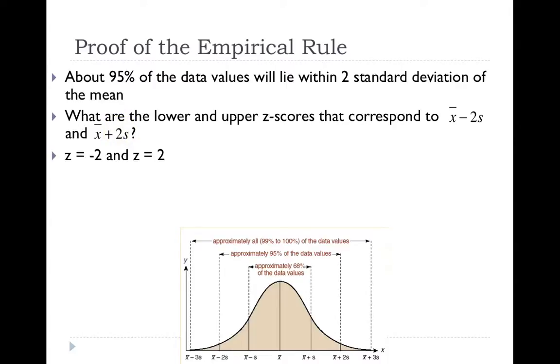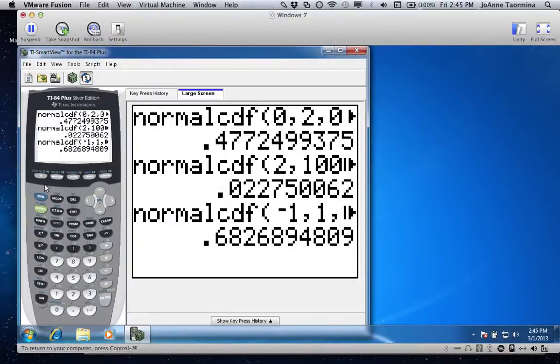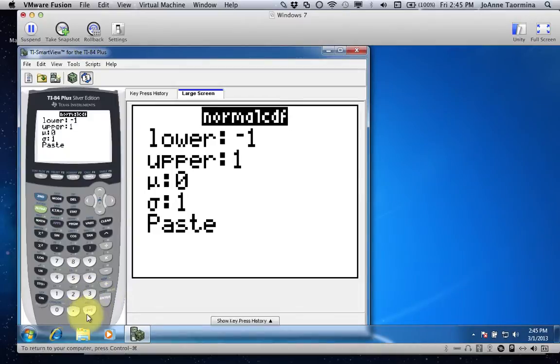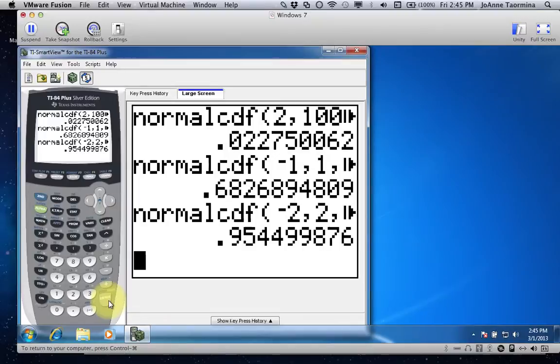You should say z equal -2, right here, and z equal +2. So if we go to our calculator using z equal -2 as the lower limit and z equal +2 as the upper limit, let's prove the empirical rule. .9544, or approximately 95%, and this is what the rule states.